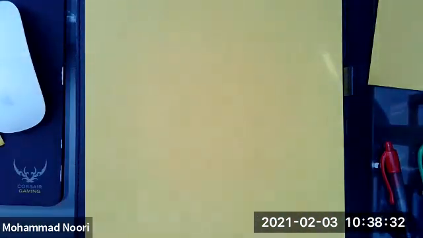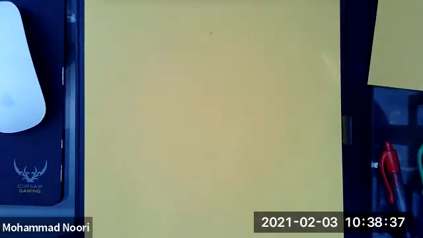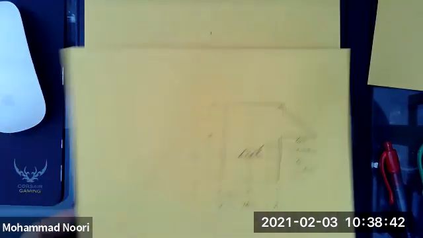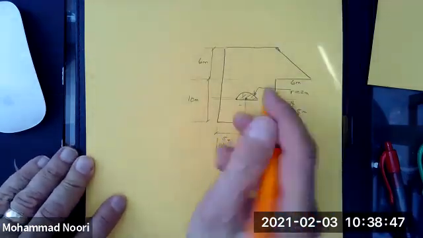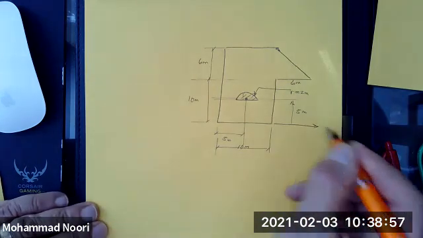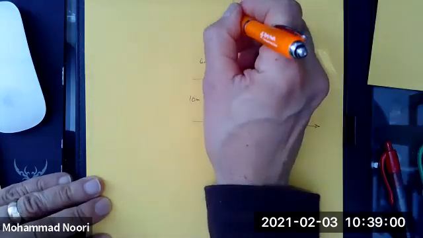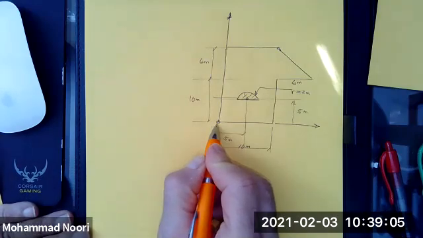As you can see, it's a very, very simple operation. All you have to do is be able to set up that table and be careful when you're setting it up, okay? So I'm going to do another example that I've set up here. We want to find the x and y coordinates of this shape now. I set up an xy coordinate, the origin being at the lowest left hand corner of this shape.